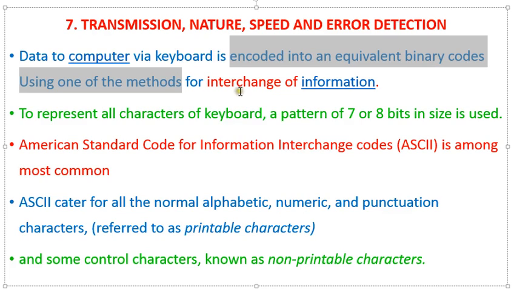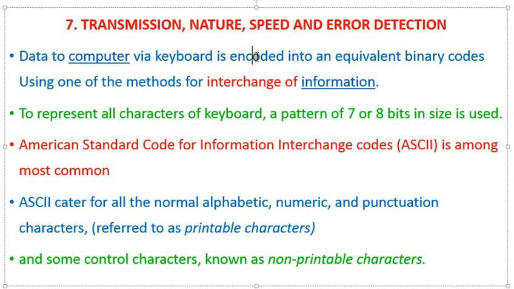So what you are doing in essence is that whichever button you have pressed, you are encoding the data in such a way that it will be changed into a series of zeros and ones that the computer understands.